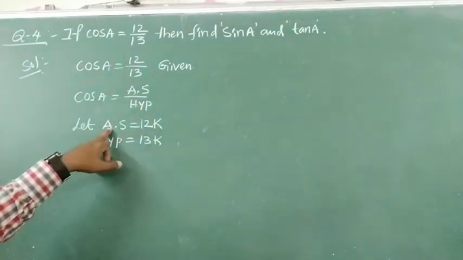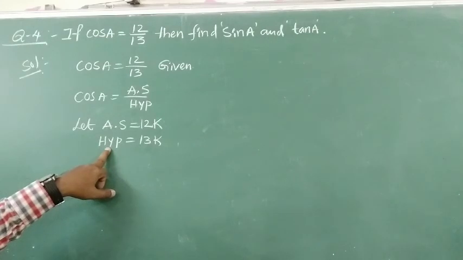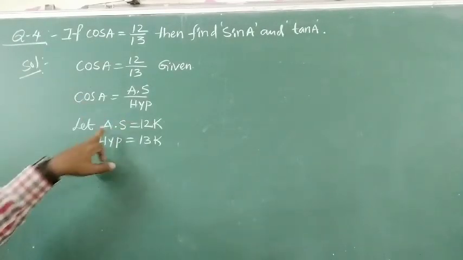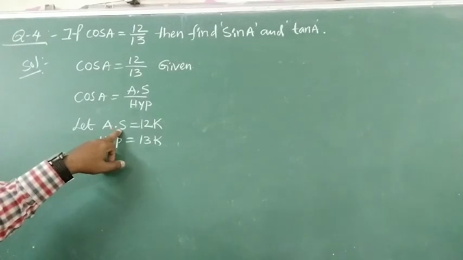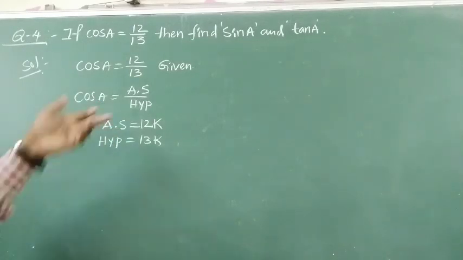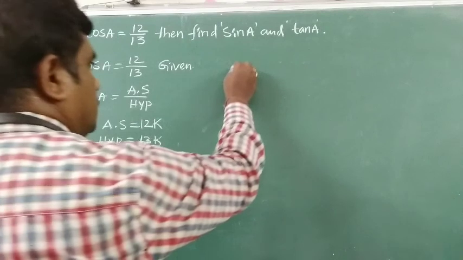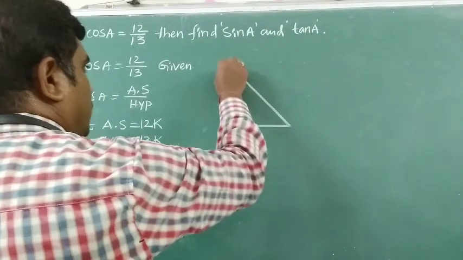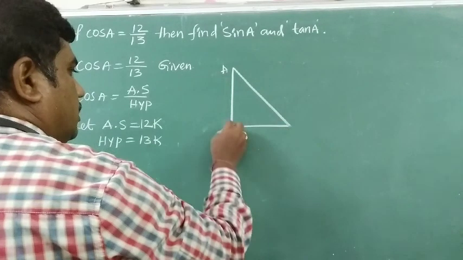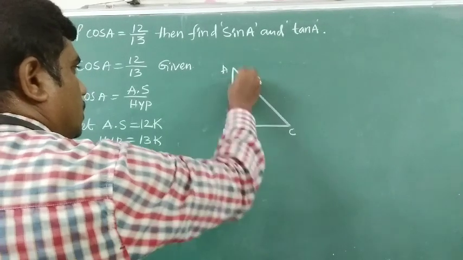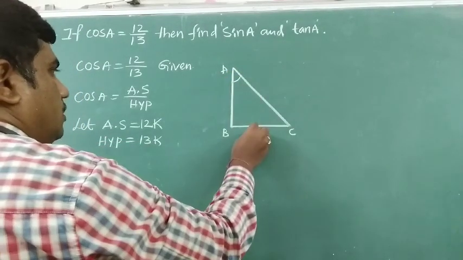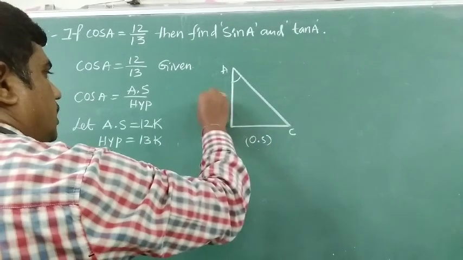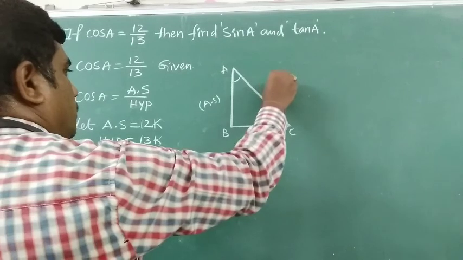So here we know only adjacent side and hypotenuse, so we have to find the opposite side also. If you consider a right angle triangle with vertices A, B, C, this is angle A, this is the opposite side, this is the adjacent side, and this one is hypotenuse.